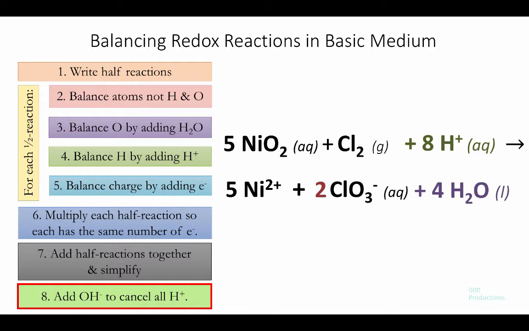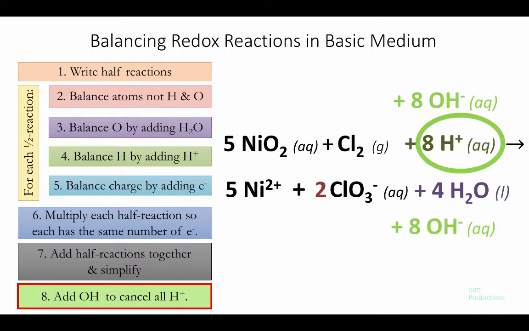And essentially what we're going to do is look at everywhere there's an H+, and add an OH- to cancel it. So we have 8 H+ right here. We're going to therefore add 8 hydroxides to cancel that H+. And since we're adding them on one side of the equation, we're also going to add them on the other side of the equation so that this is the exact same reaction.